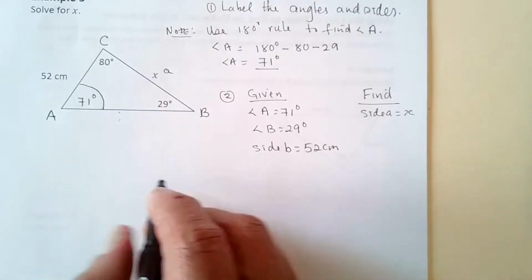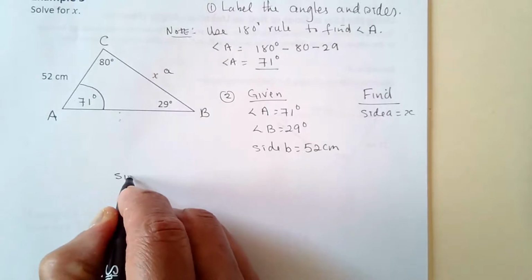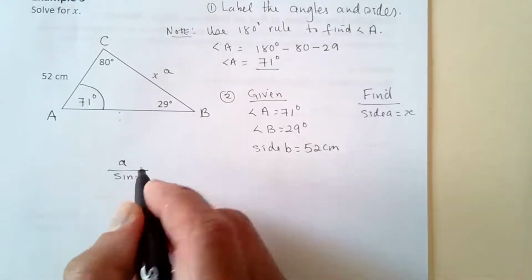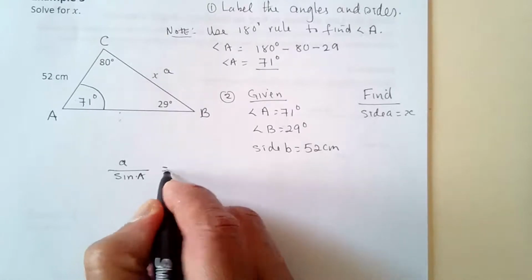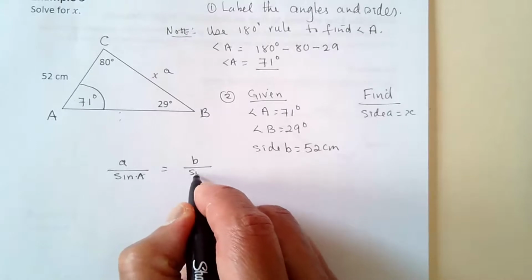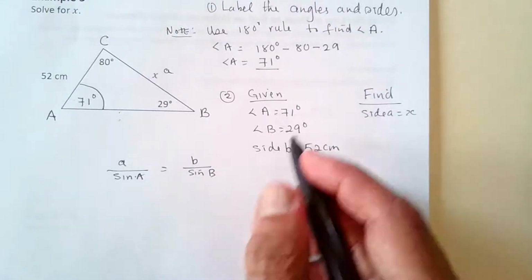Then we apply our sine A over side A equals sine B over side B. Substitute our given values.